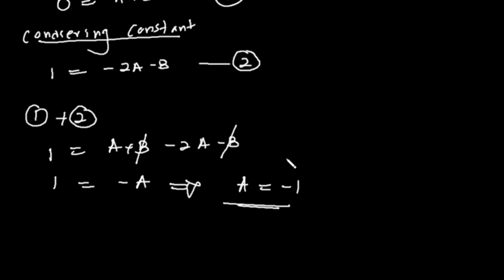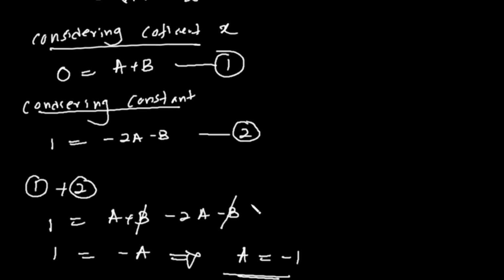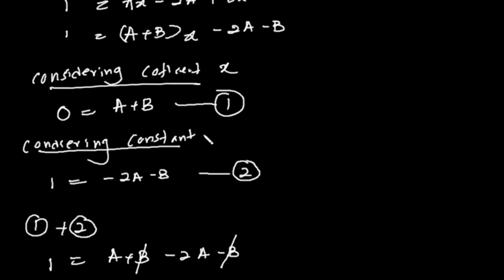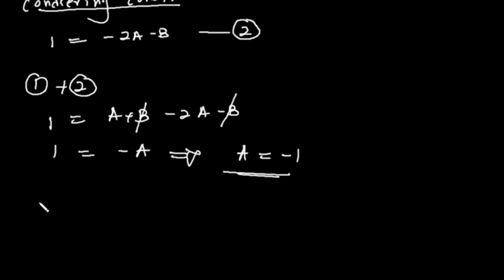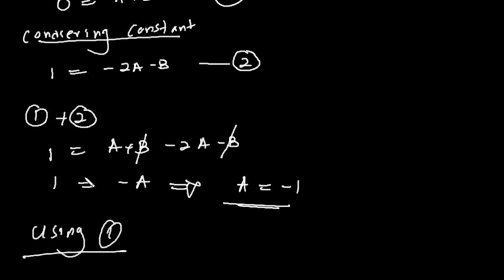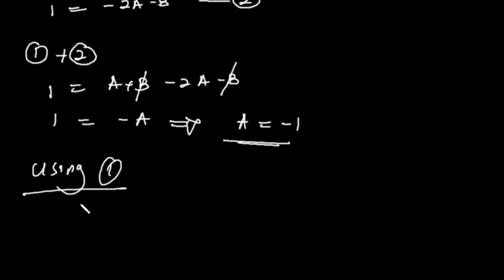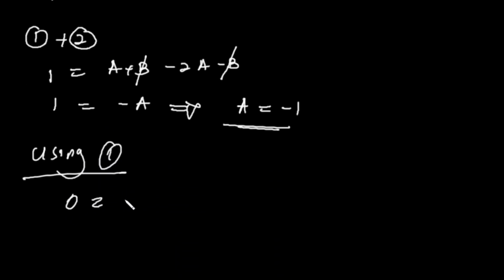So we need to find b. We can substitute this a value into the first equation. Using the first equation, 0 equals a, which means minus 1 plus b, so we get b equals 1.